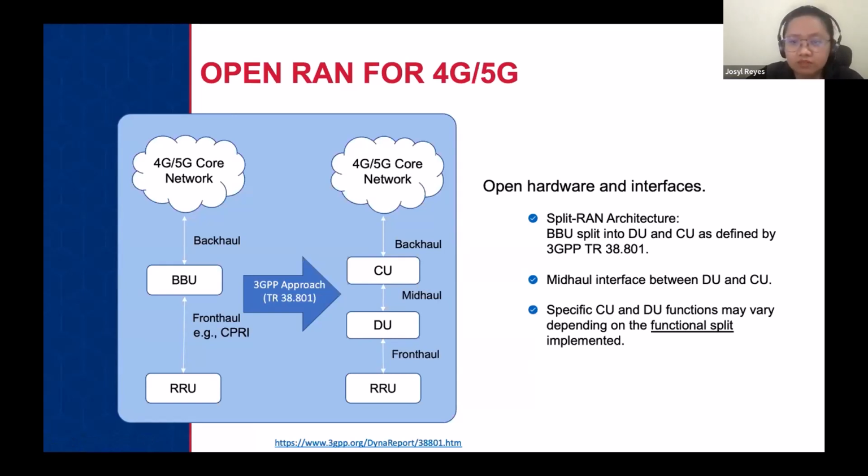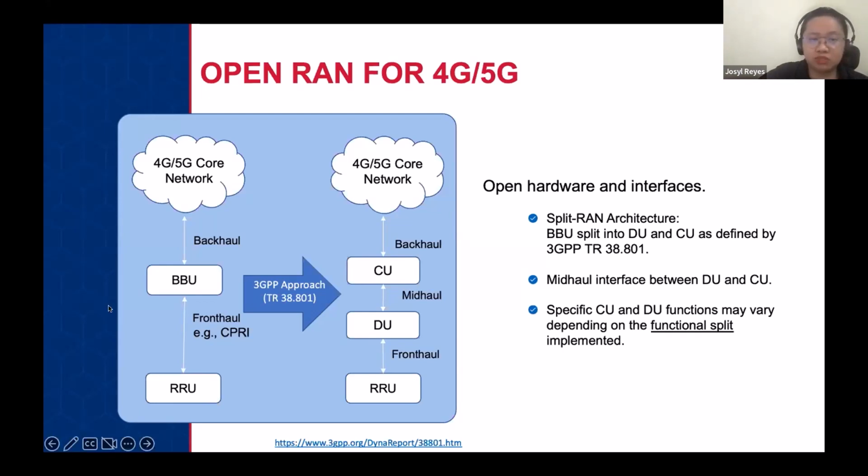Okay, so whatever the function of this centralized unit and distributed unit depends on the functional split implementations that the mobile network operator is using. Okay, so specific na protocols under DU and specific protocols under CU depend on where in the model earlier is the split occurring.